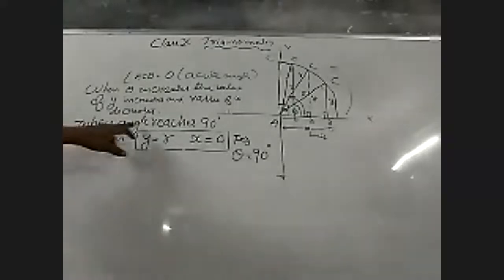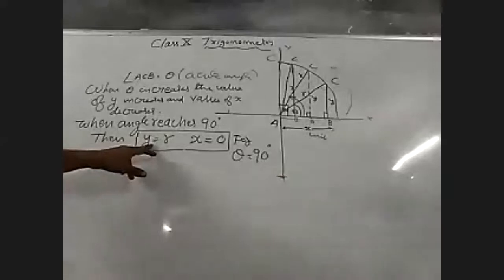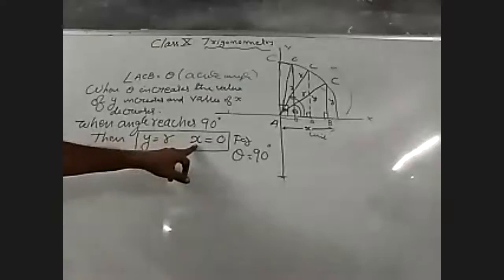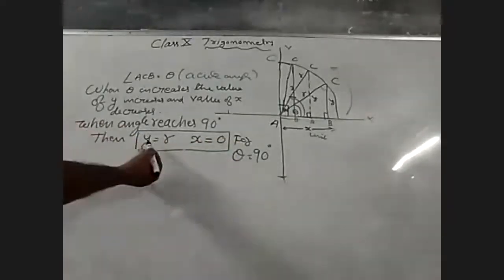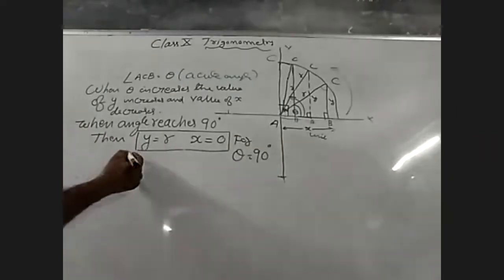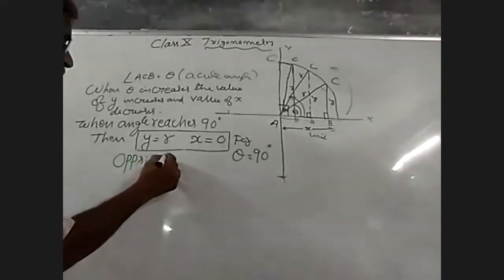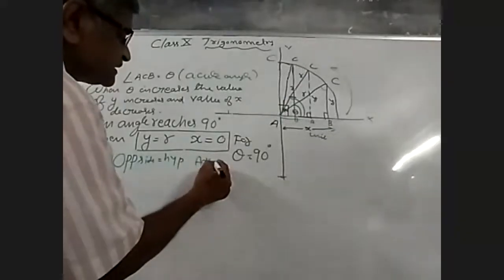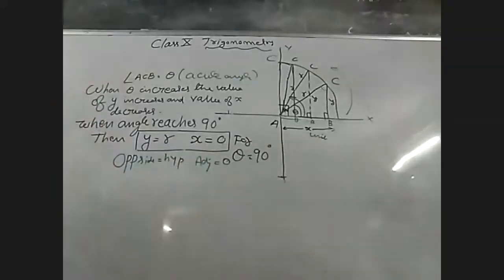Finally, when the angle reaches 90 degrees, the opposite side equals the hypotenuse, and the adjacent side of 90 becomes 0. So write down: for 90 degrees, the opposite side is equal to the hypotenuse, and the adjacent side becomes 0. Note down these points.